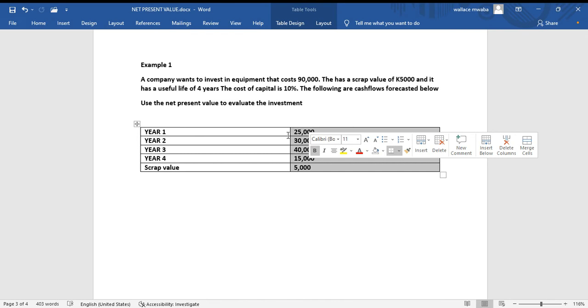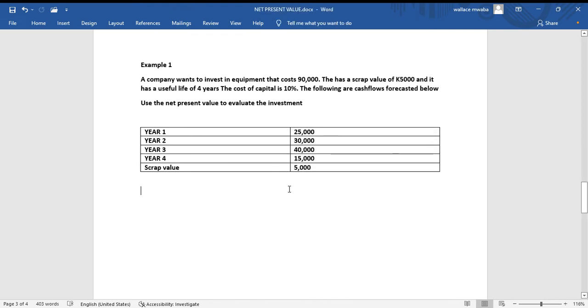And remember, if the net present value is positive, we accept. If the net present value is negative, we reject.